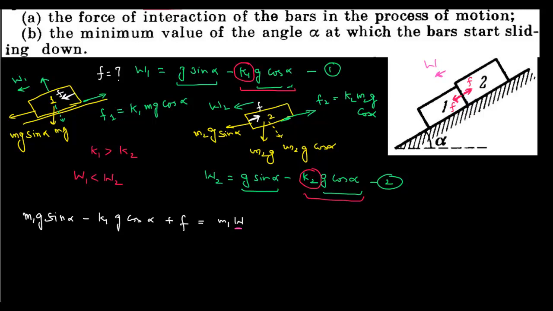Similarly, we can write the equation for block 2, and this is m2g sin alpha minus m2g cos alpha k2, minus F. If you look at this FBD, it will be minus F, and that is equal to m2 into W. Clear?